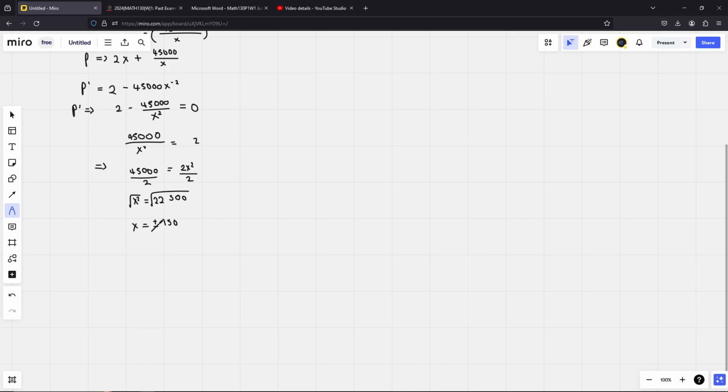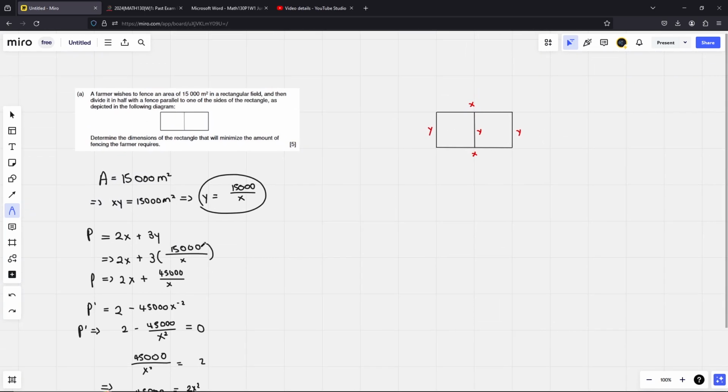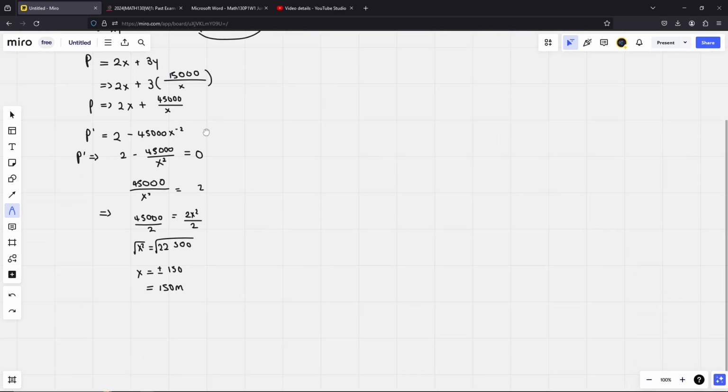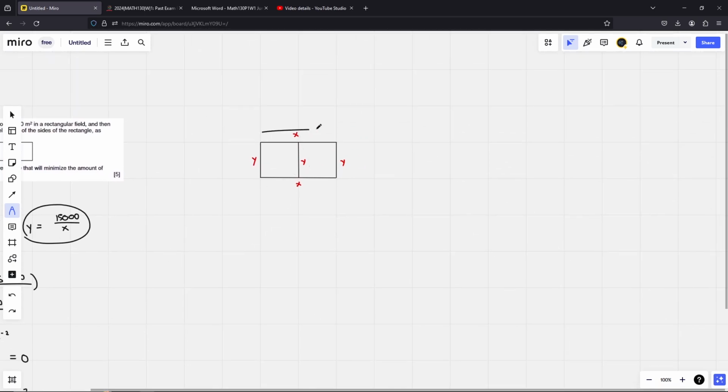So we can forget about this negative sign, and this is just going to be positive 150. And it's going to be in meters. So this is the lowest that our x can be, so that the farmer minimizes the fencing required. Okay? So this is my x value, or my length.